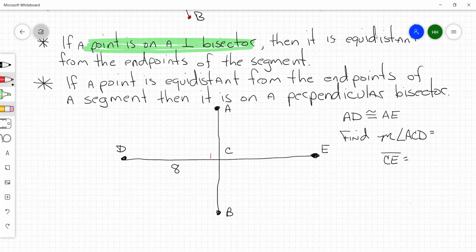What's the name of the segment AB called now? It's called a perpendicular bisector. Very good. If A is the same distance from D as it is from E, then it's on a perpendicular bisector, which makes that angle 90 degrees. So how far is it from C to E? 8. Very good. All right.